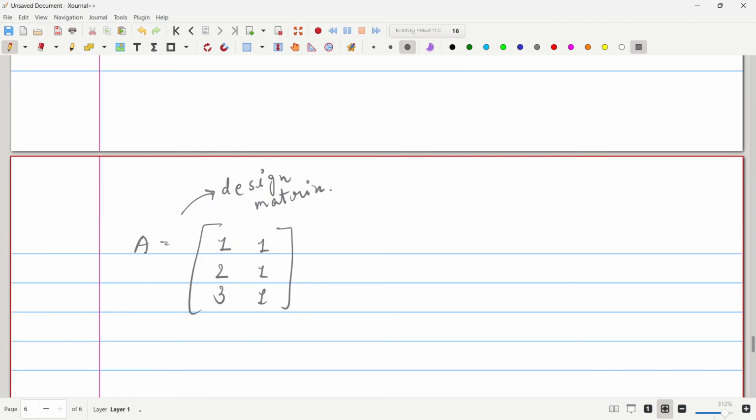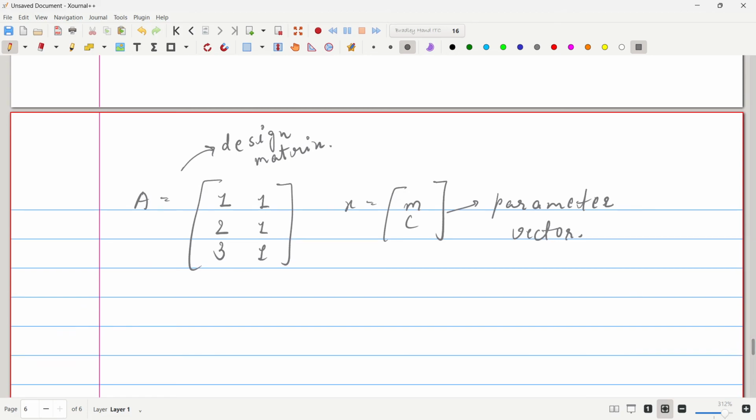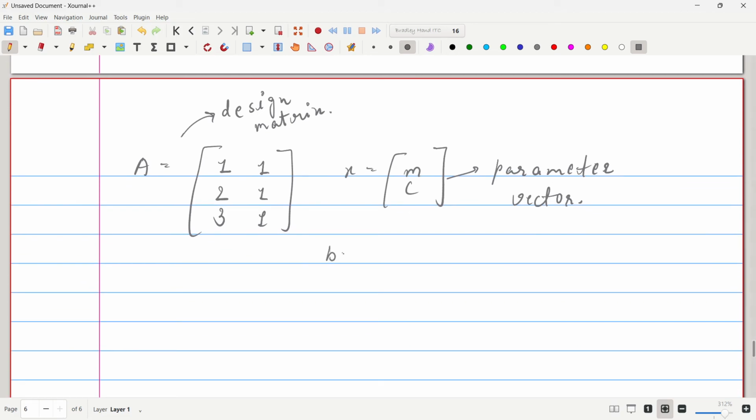This is your design matrix. Now x is equal to m and c. This is the parameter vector. What is b? B is 2 comma 3 comma 5.